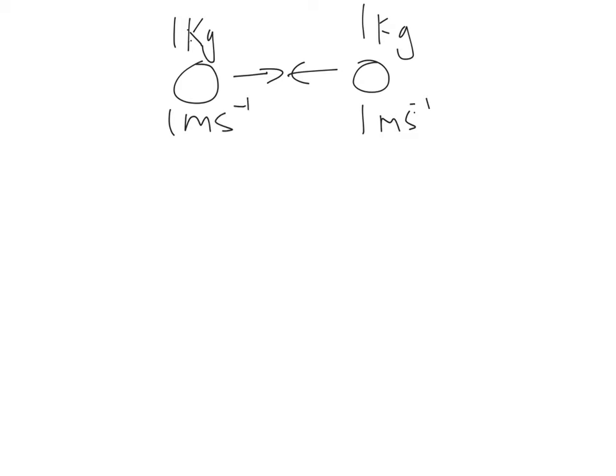So we can do some calculations around this to show what happens. When they rebound, they would travel away from each other with the same 1 meter per second, and they're still 1 kilogram. Very simple, very easy to get your head around with numbers especially.